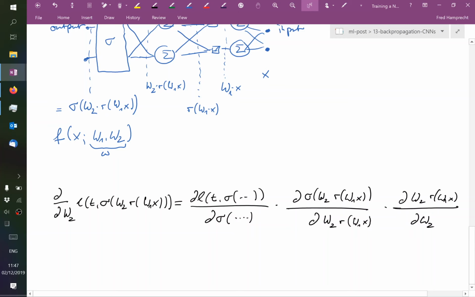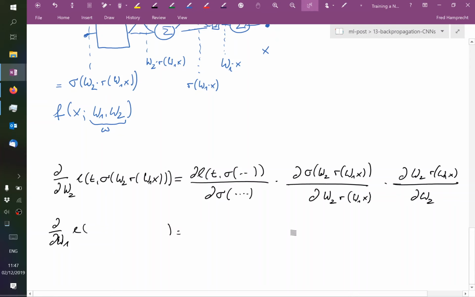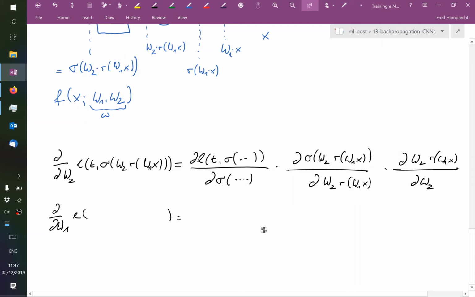And now the interesting thing is that if we ask for d by a W1 of the loss function, then the very first term will be the same. So this term would be identical.